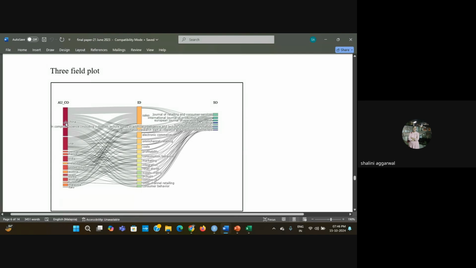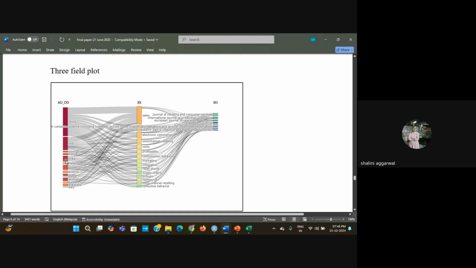The rectangle that is the tallest means that from here you can see that China is the country that has written the maximum papers on this topic. The second most important country that has written papers on this topic is US.